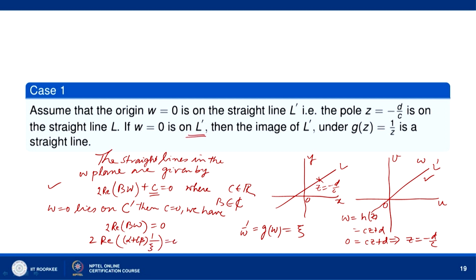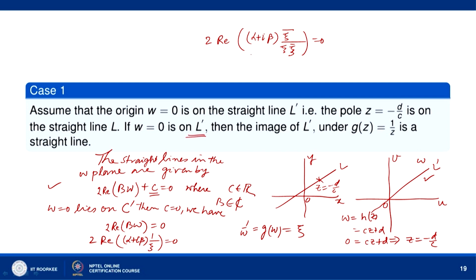So, this is equal to 0. Now, what do we do? Let us multiply by xi conjugate. So, twice the real part of (alpha + i beta) into xi conjugate divided by |xi|^2 equal to 0.